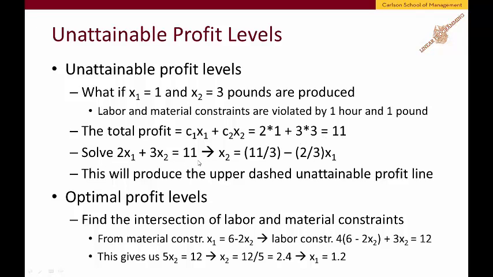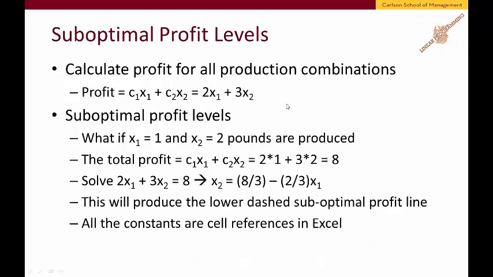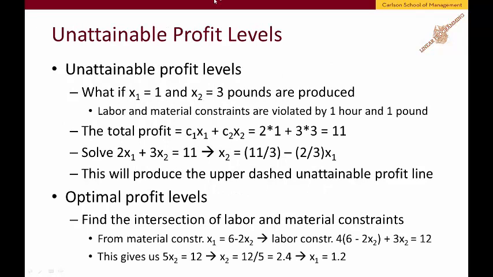And then we want to set the profit equation to 11 and solve for x2. Notice the same slope, negative 2/3, negative 0.67. So that means that this line right here is going to be parallel to this line over here. The only difference is that the intercept is not 8/3 but rather 11/3, so it's higher, because the profit level is higher.